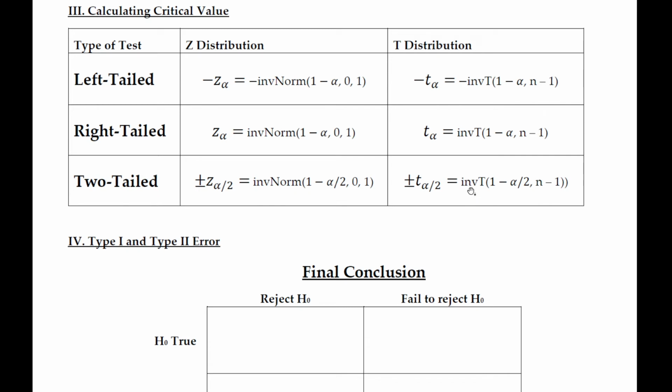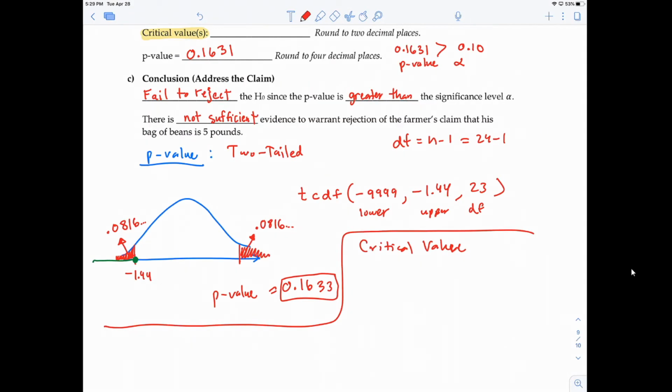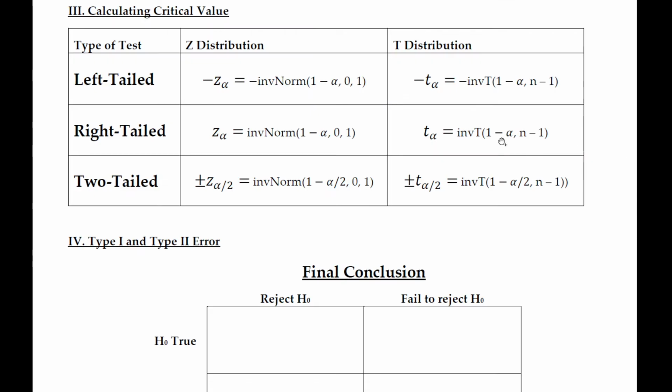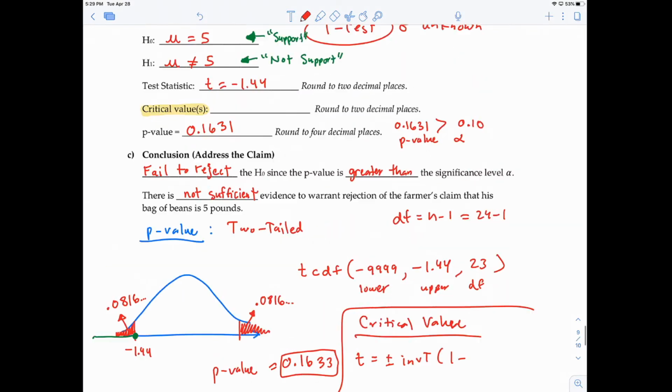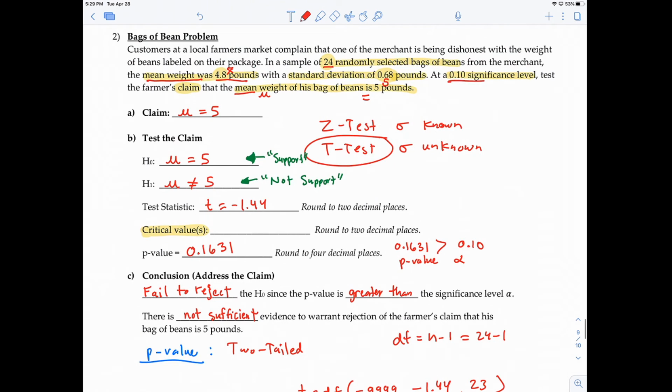And for that, we're going to use inverse t. We're actually going to find the critical value using 2 methods. First, inverse t. The first input is 1 minus alpha divided by 2. Alpha in this problem is 0.10, right? It's right here.